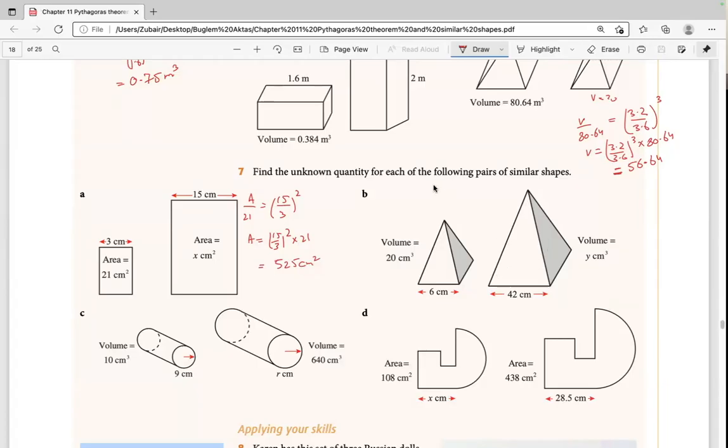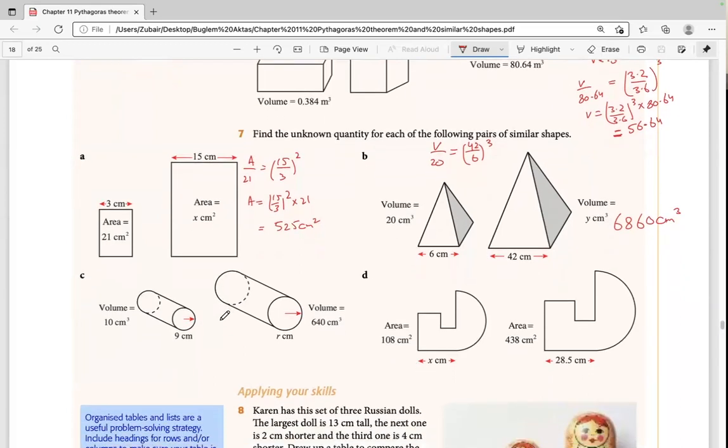B part, volume is missing. 6,816. Yep. That's correct.